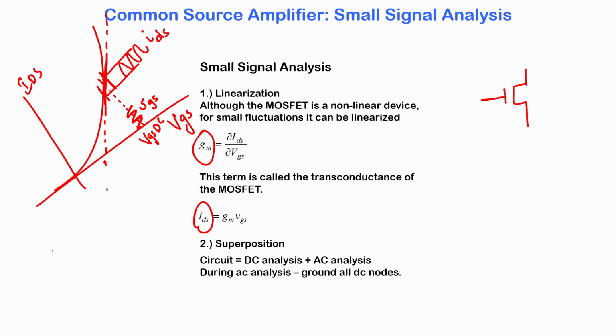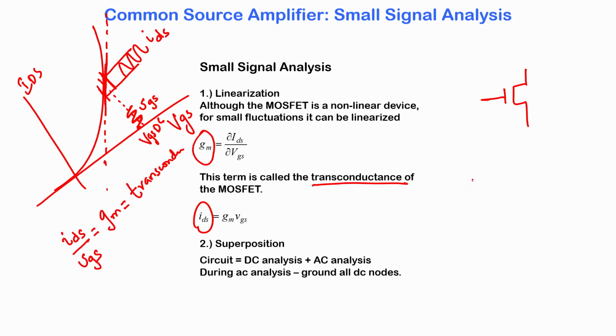So, here it is useful to define this term, which is your small signal fluctuation of IDS by small signal fluctuation of VGS, something called the transconductance of the MOSFET. It is called GM, or the transconductance of the MOSFET.